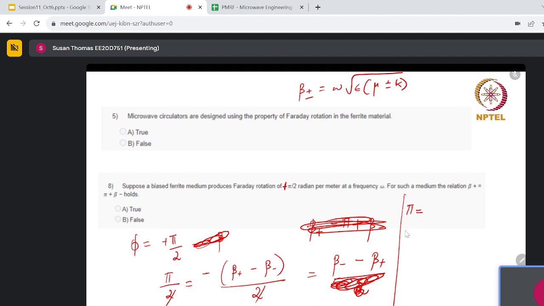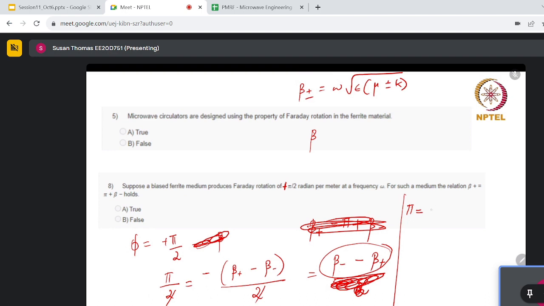The 2 gets cancelled and this becomes beta minus beta plus. Let me start from here. All of you agree till here, right? I just substituted the phase value pi by 2, that is equal to beta minus beta plus.